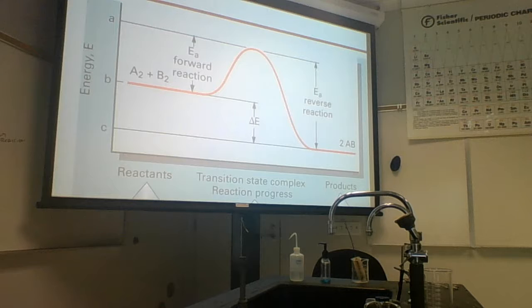If you look at methane and oxygen, that's a high energy mixture or high potential energy mixture compared to CO2 and water. CO2 and water is a much more stable mixture than methane and oxygen. And so this should just be a downhill reaction to CO2 and water.